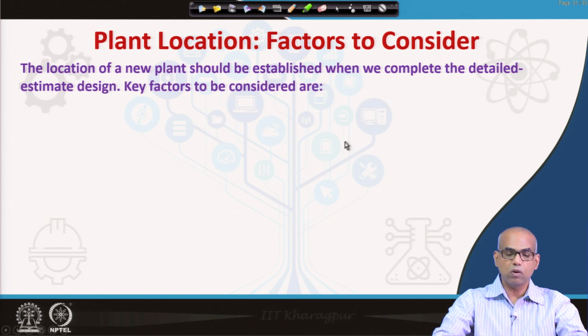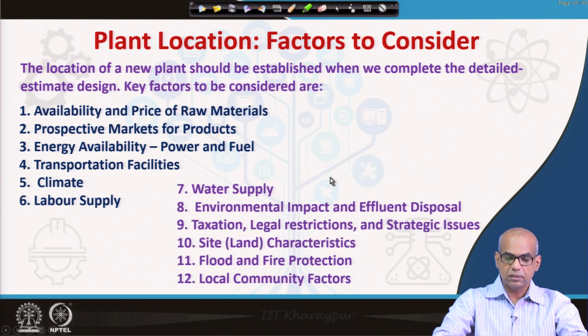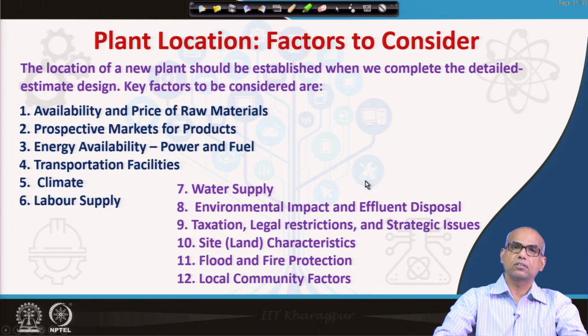The key factors to be considered are availability and price of raw materials, prospective markets for products, energy availability, power and fuel, transportation facilities, climate, labor supply, water supply, environmental impact and effluent disposal, taxation, legal restriction and strategic issues, site or land characteristics, flood and fire protection, local community factors. So, you see there are various issues, not all are technical.